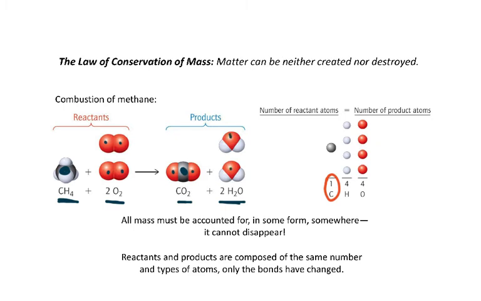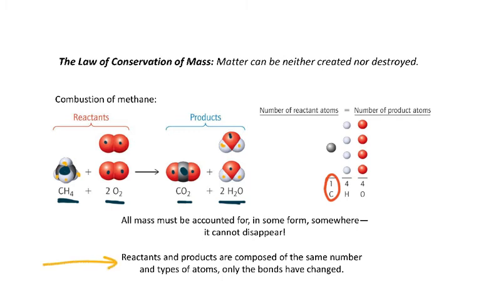They're bonded to different things, and they look different, but it's still 4. And then there's 4 hydrogens on this methane, and there's 4 hydrogens on the 2 waters. So all mass, all atoms have to be accounted for on both sides, in one type of molecule or another. It cannot disappear.